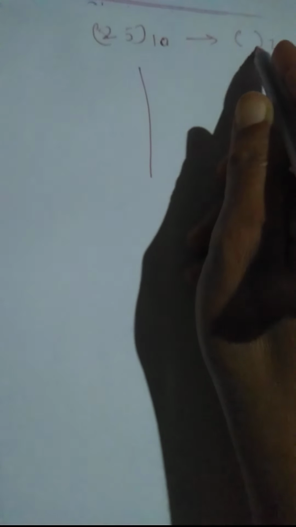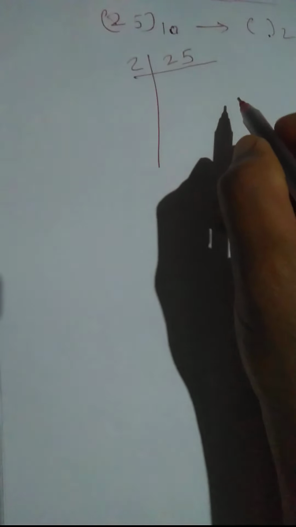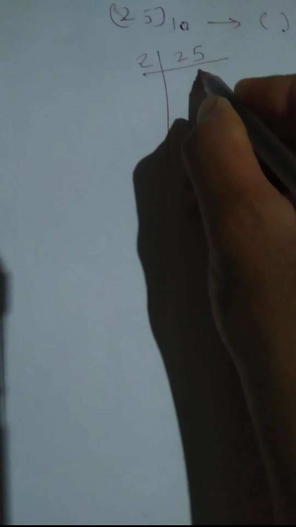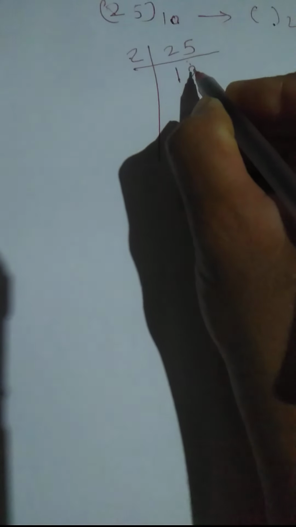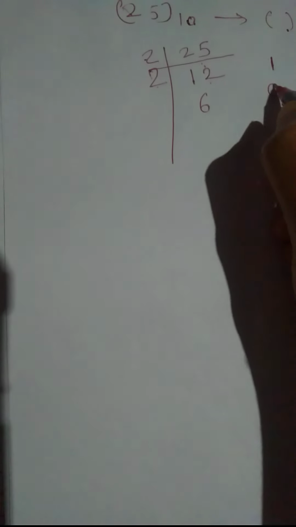This decimal number is converted into binary. For this, we divide by 2 and note the quotient and remainder. So 25 divided by 2: the quotient is 12 and the remainder is 1. Then again we divide 12 by 2, and the remainder is 0.